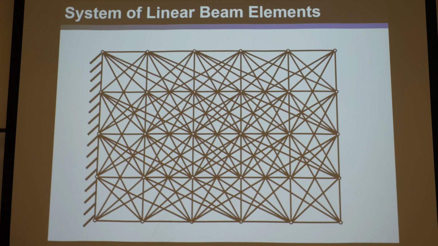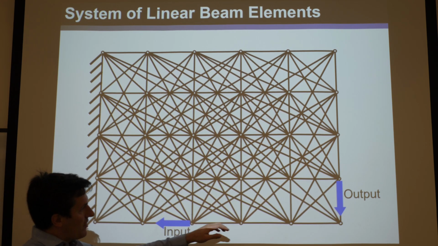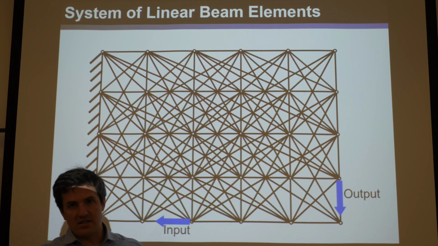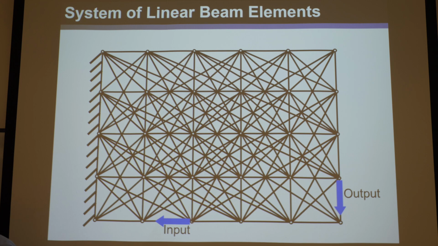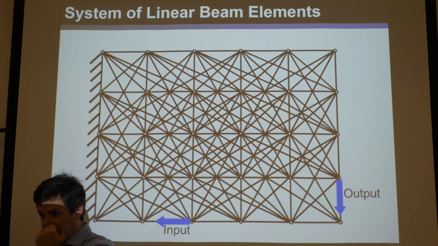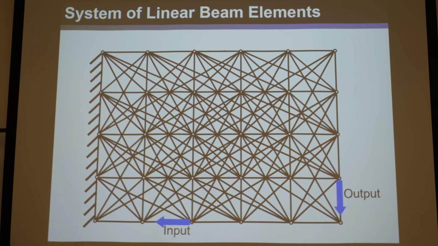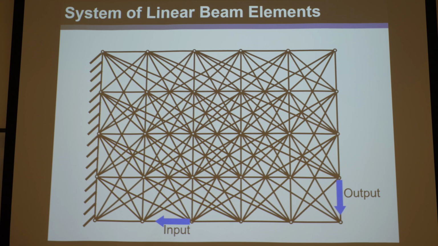You tell the computer, I want to ground all the nodes or all the beams on this side. And what I want is some input here. When I pull that, I want this node to go down some transmission ratio. Say when I pull this 1, this goes 3 or something like that, right? So you specify what you want, and you set everything up in the computer, and then you hit go.